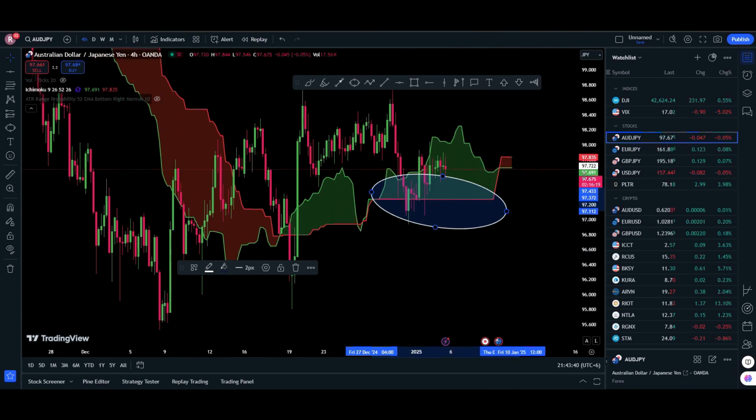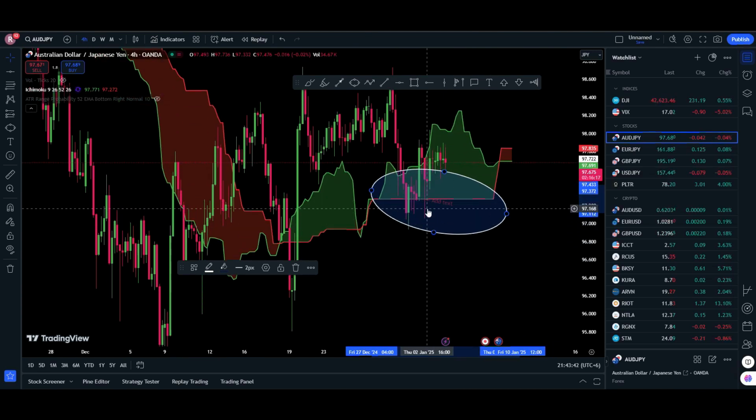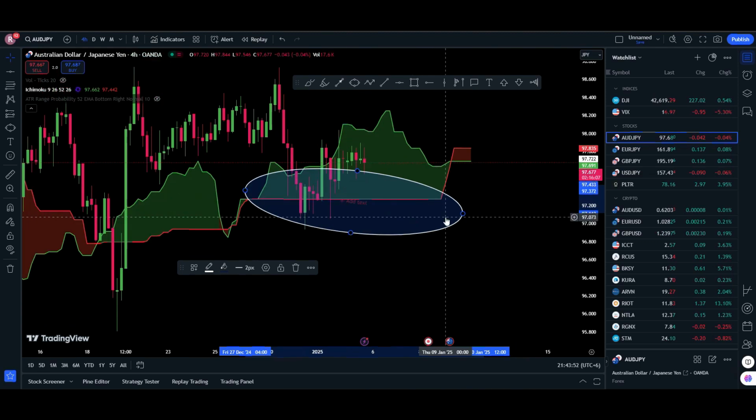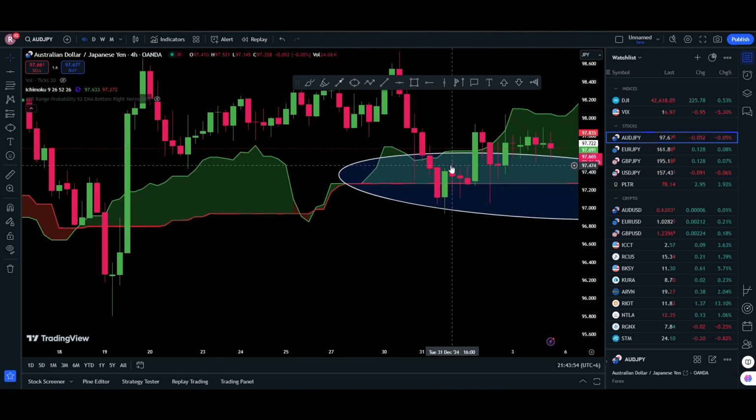And you can see each time the price came down here and tried to break this red line, again the price retraced. You can see here, here, and then it retraced back and started moving upward.